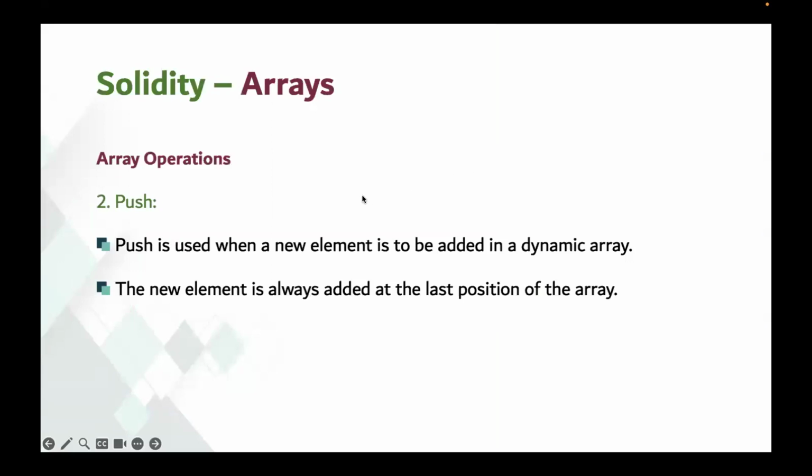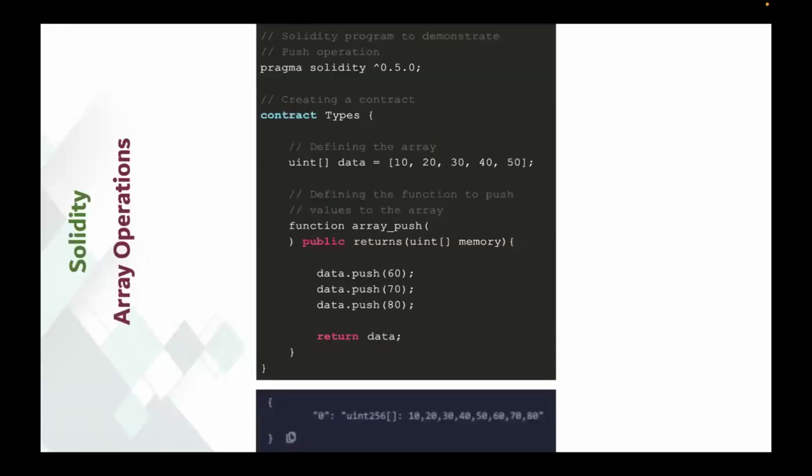Also, we can add new elements to the array using push. As you can see in this example, we define an array, which is data, and we assign 5 values to this data. And as you can see, this is a dynamic array, so we can add more elements to this array using push.